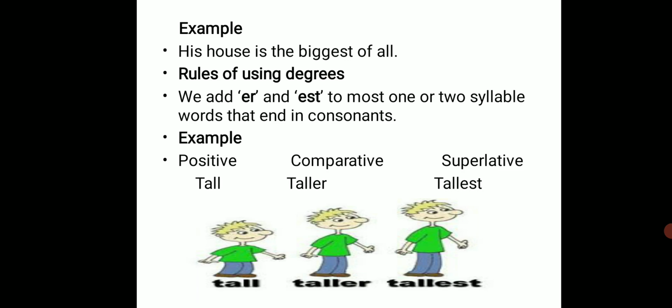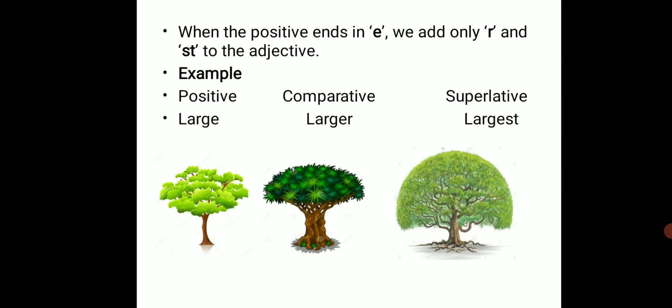Superlative, he is the tallest of all. So this is how adjectives need to be changed or used in their comparative and superlative forms while we change the degrees of comparison.